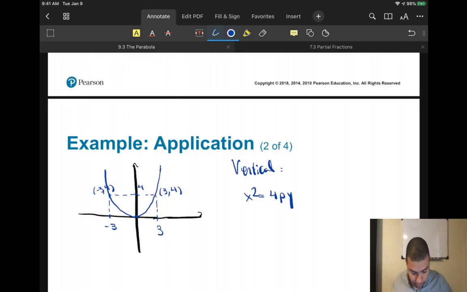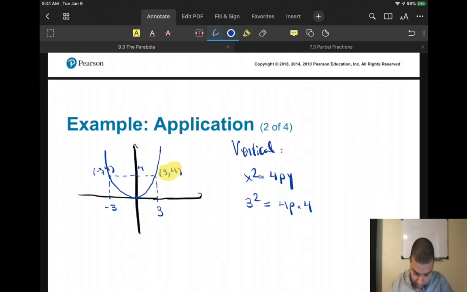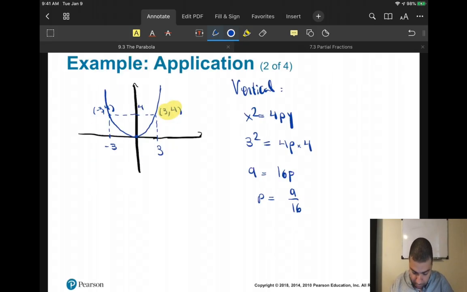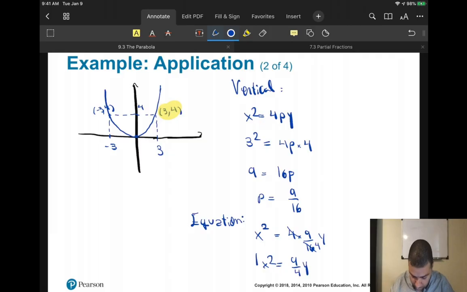Now I want to find the value of p, so I can pick one of these points and plug them in. So x equals 3, y equals 4. So that means 9 equals 16p. So p is 9/16. So that means the equation of the parabola is x squared equals 4 times 9/16 y. You can cancel this to get a 4. So x squared equals 9/4 y. So that's the equation of my parabola.